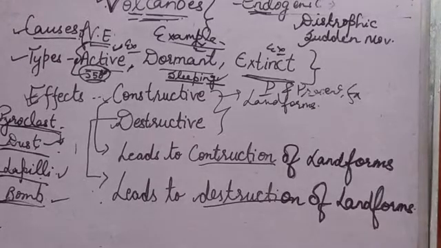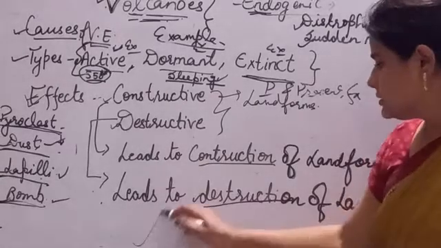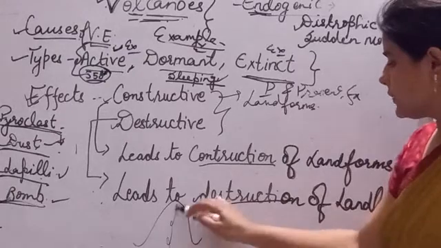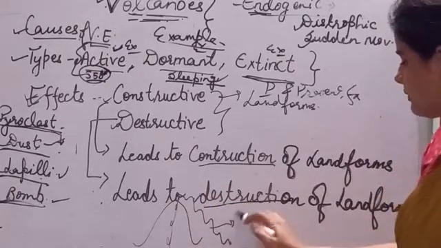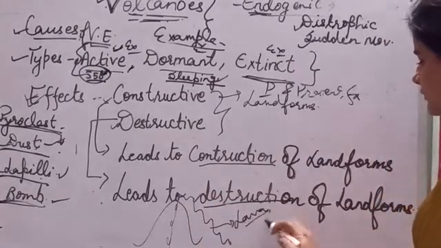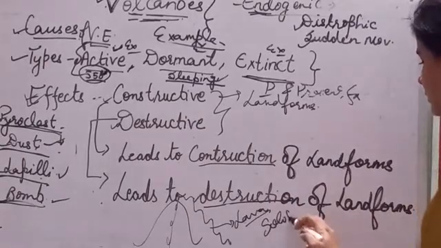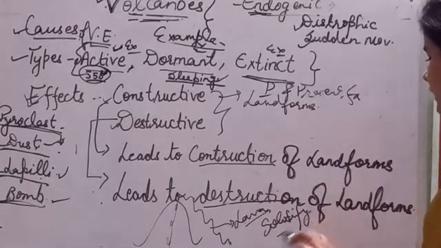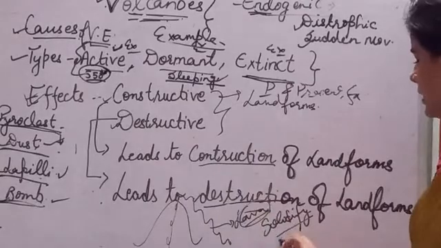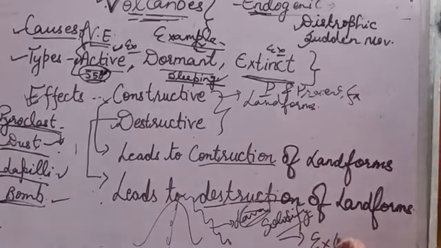The next one is the types of extrusive landforms. First one is volcanic plateaus. They come from the lava which comes out. This is a volcano, this is volcanic eruption. The lava which comes out solidifies, and due to the solidification of this lava, extrusive landforms are created.